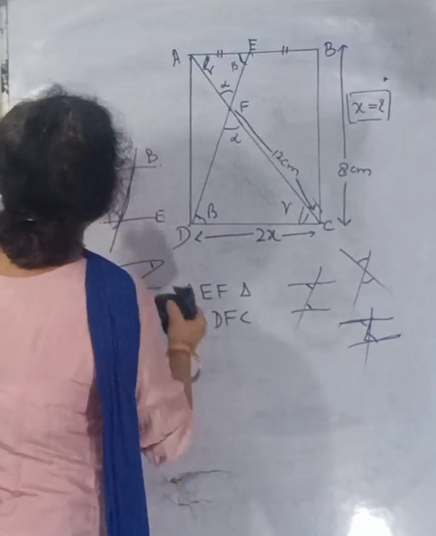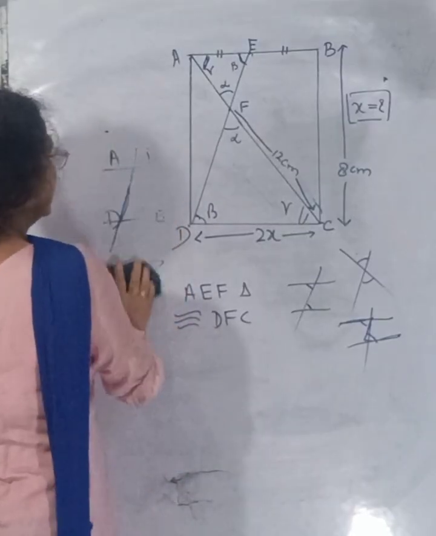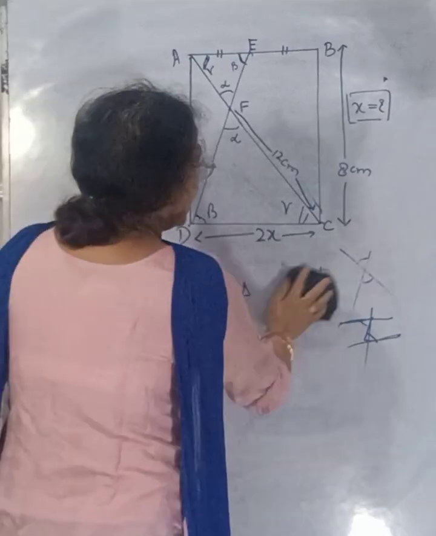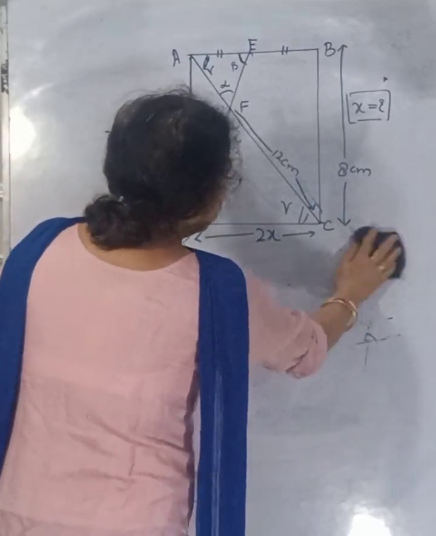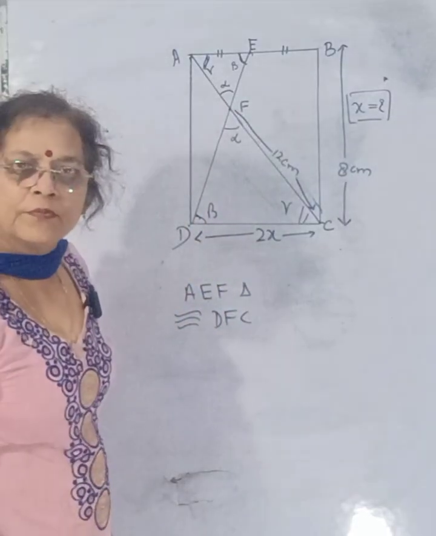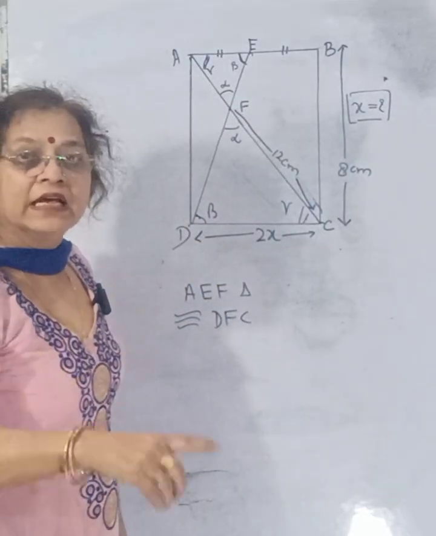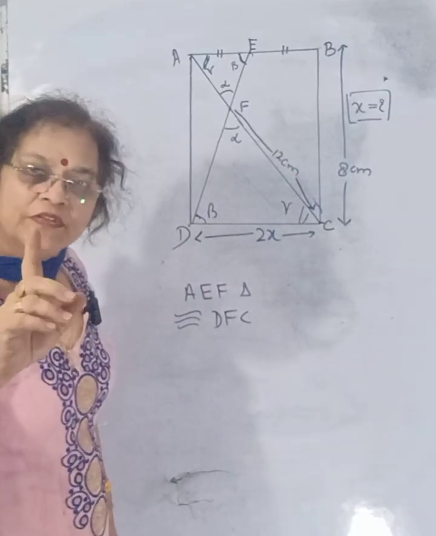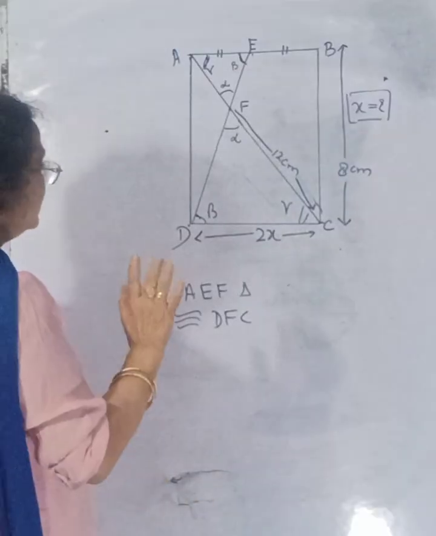If we are having such types of triangles, then the ratio of their corresponding arms will be the same. If two triangles have angle similarity, then the ratio of their corresponding arms will always be constant. This is the theory.